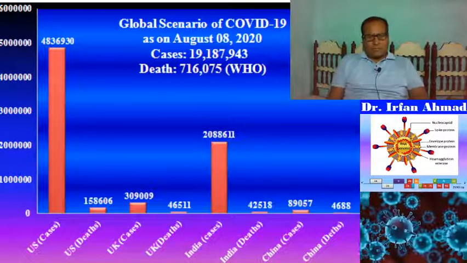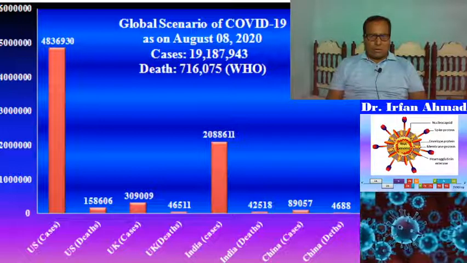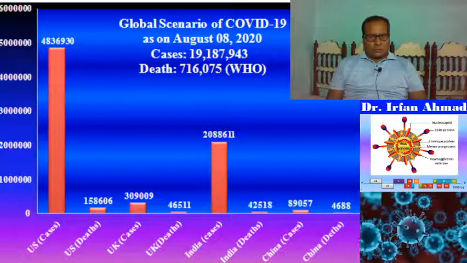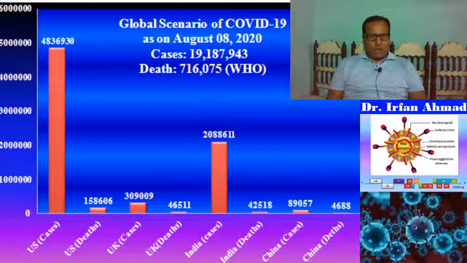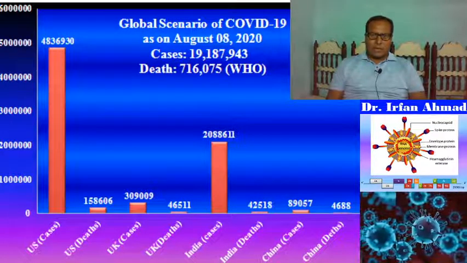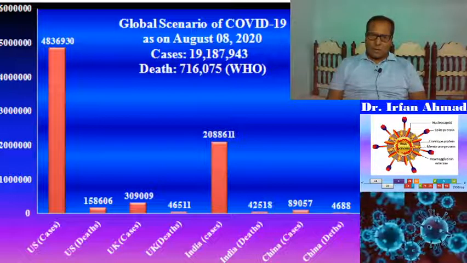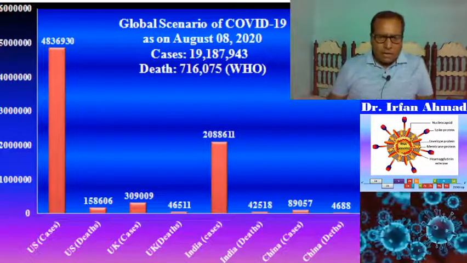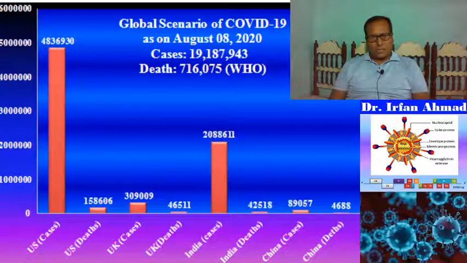Thereafter, the most infected country is India, where 22 lakh 88,611 active patients have been reported, including 42,518 deaths of COVID-19 patients.